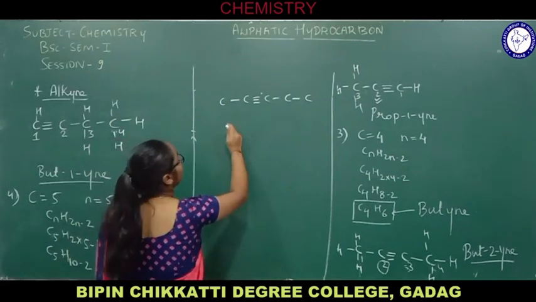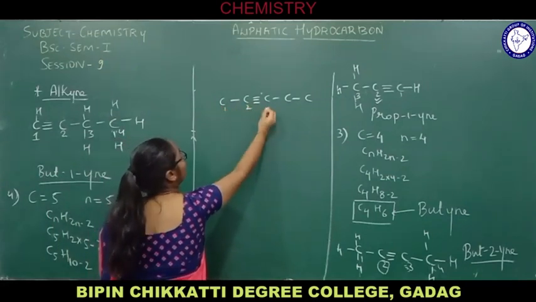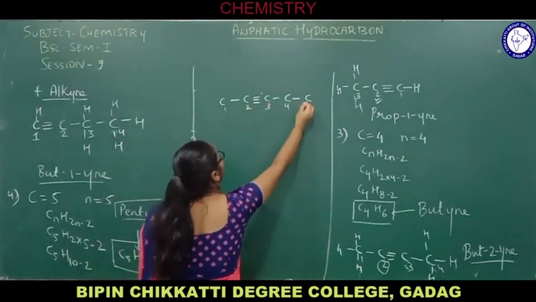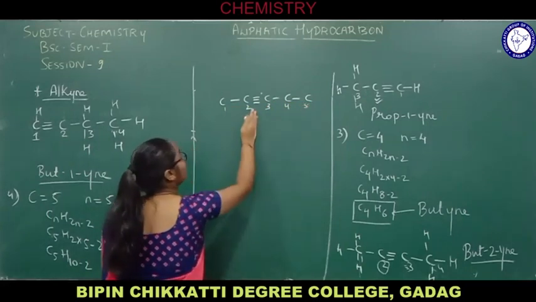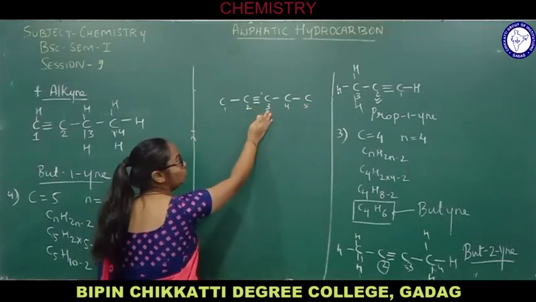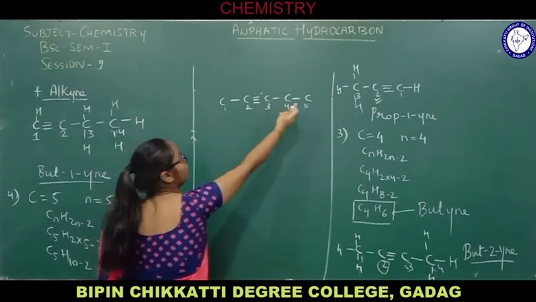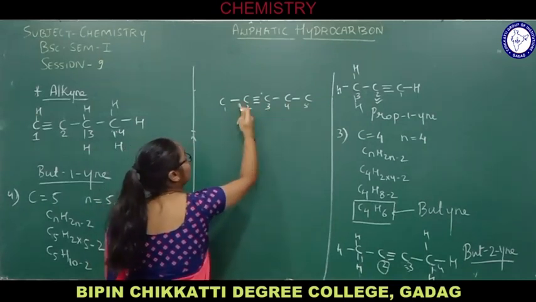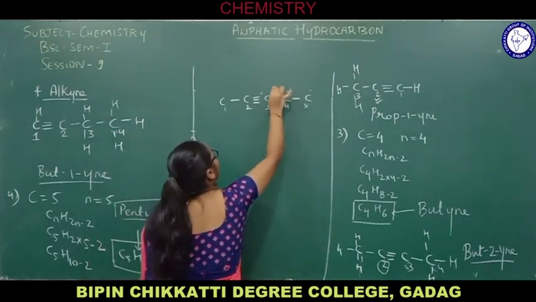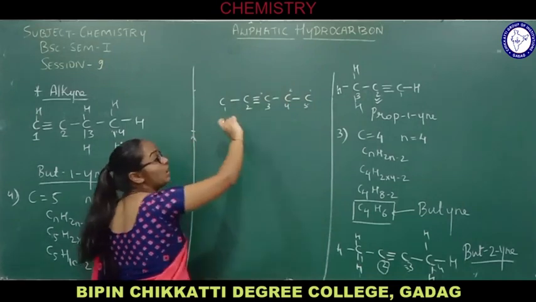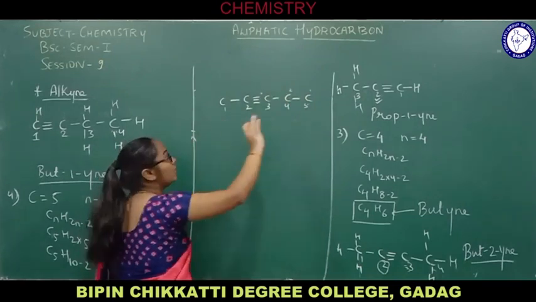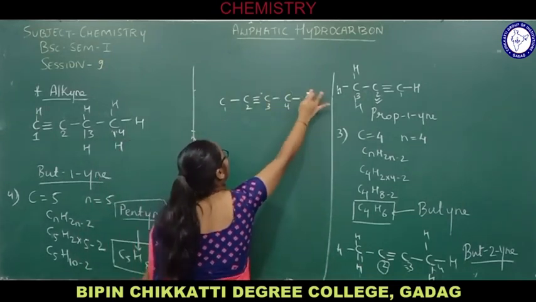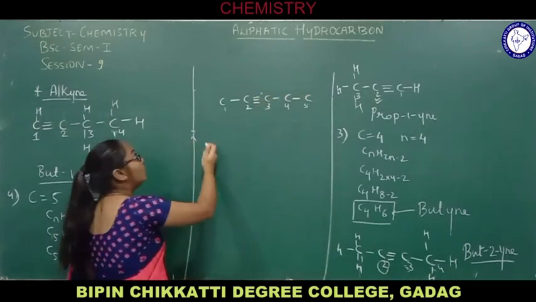So the numbering will be 1, 2, 3, 4, 5, because the triple bond should get the lowest preference. If you number in the reverse manner, the triple bond would be between 3 and 4, which we are not going to take. So the lowest preference should be given.